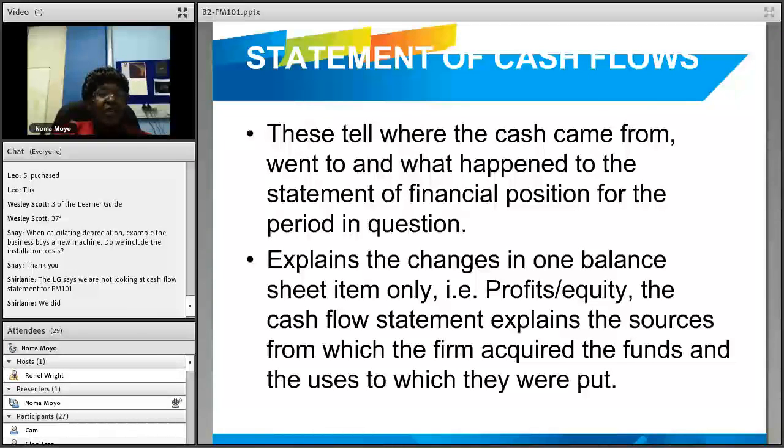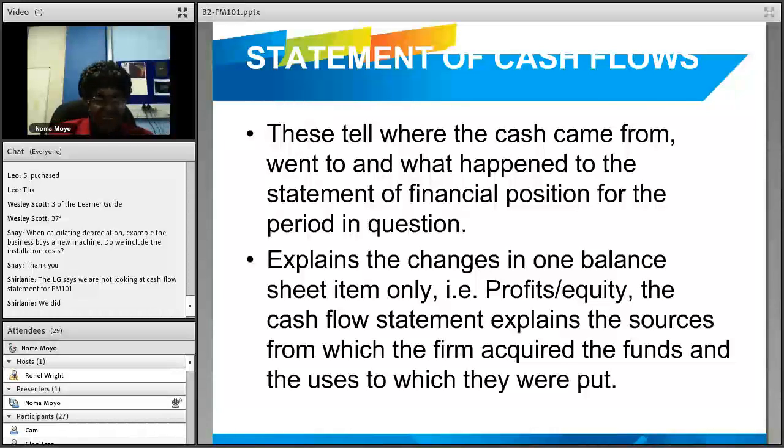Cash flows, we have our cash flows in 3 sections. We can have cash flows that come from our operations. For instance, IMM gets its cash flows from the fees from operating, that is when they teach and they give out modules.